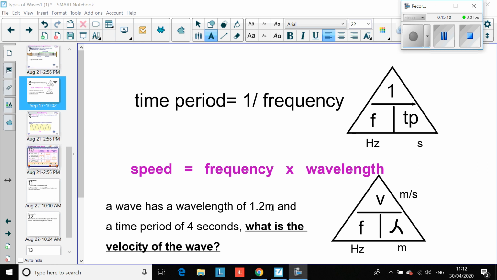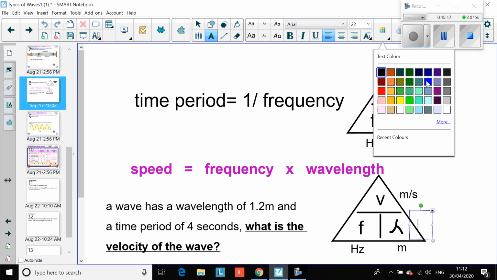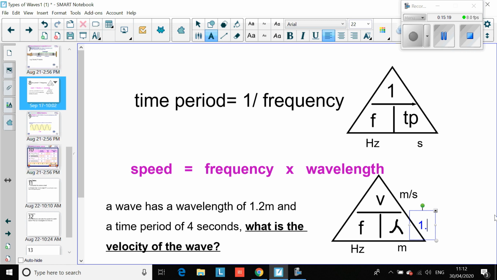We've got a wavelength over here, and we've got 1.2 meters. However, in order to calculate the velocity, we need the frequency as well. Okay, we haven't got that. What have we got? Well, we've got a time period, 4 seconds.